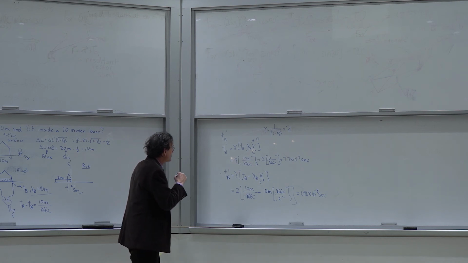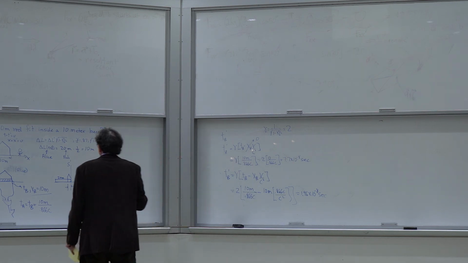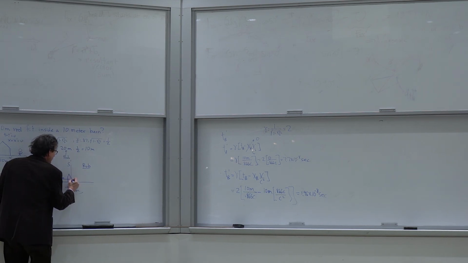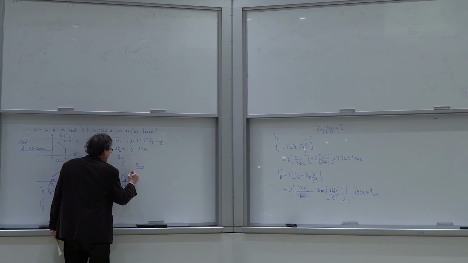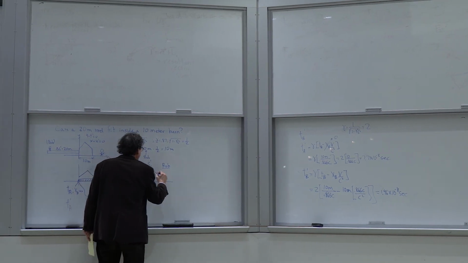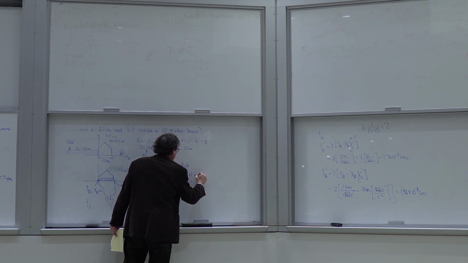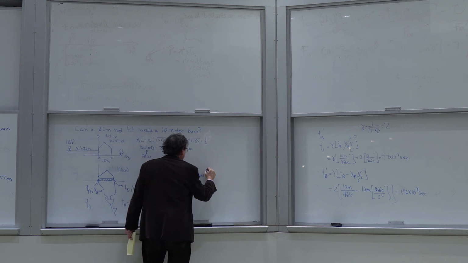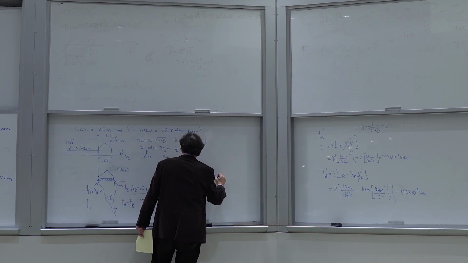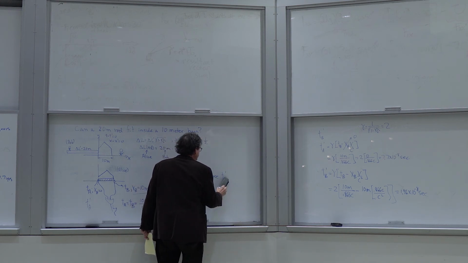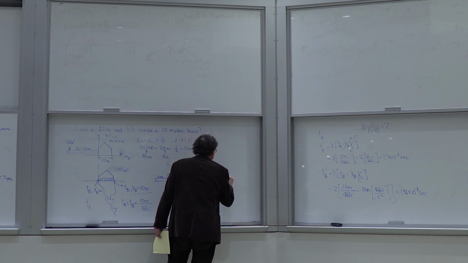So what has actually happened is that in Bob's frame, this event right here is what we call X_B prime, T_B prime, and it occurs before T_A prime, because T_A prime is greater than T_B prime.